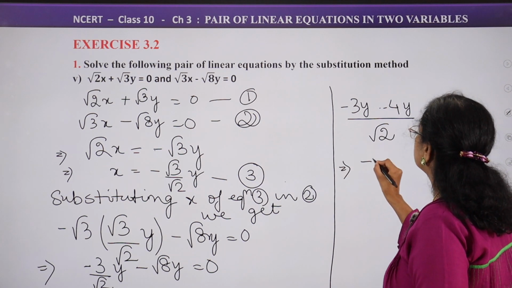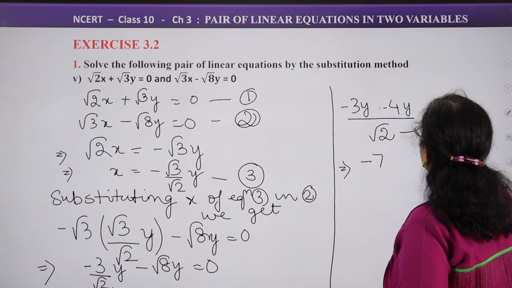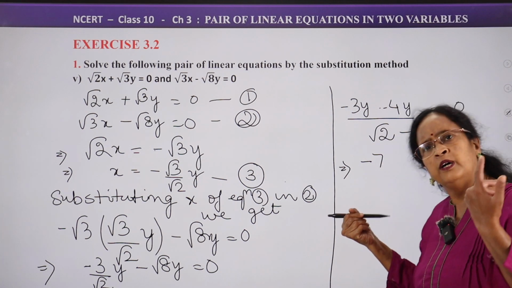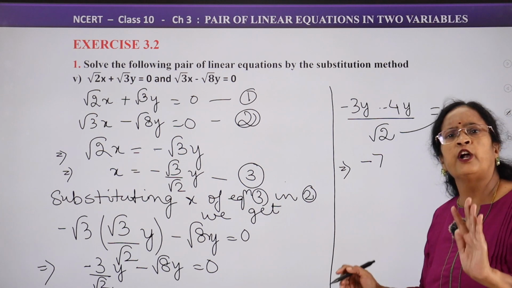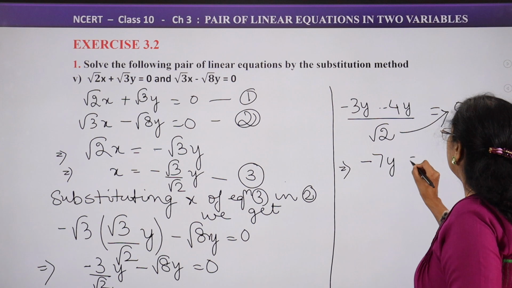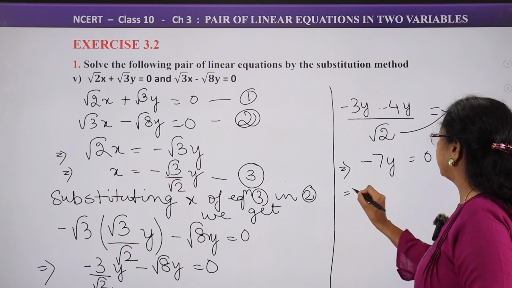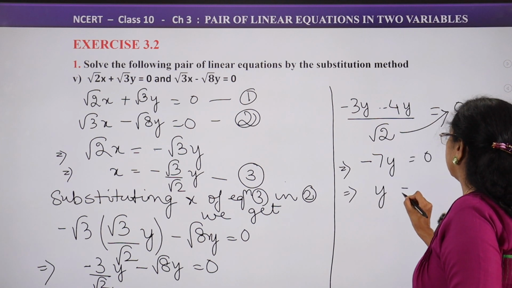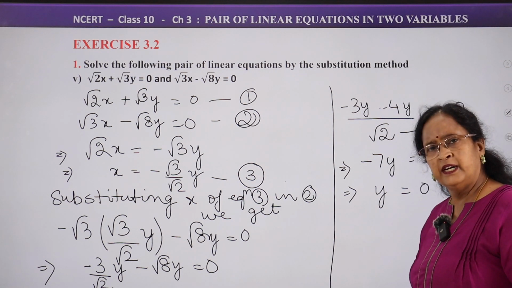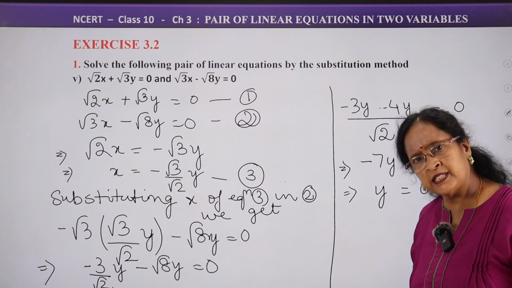That implies, when I cross multiply, root 2 into 0 is 0. So, no denominator at all. Minus 7y is 0. That implies y is 0. Now, we need to find the value of x.